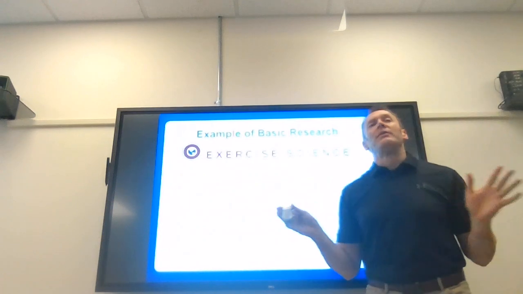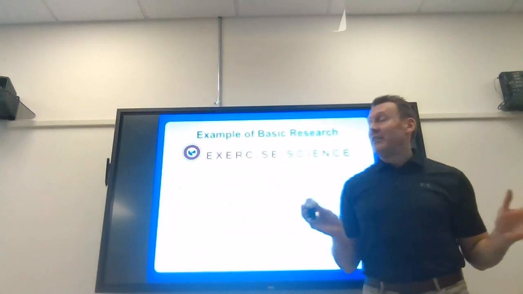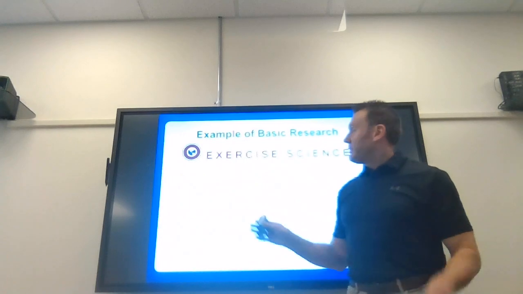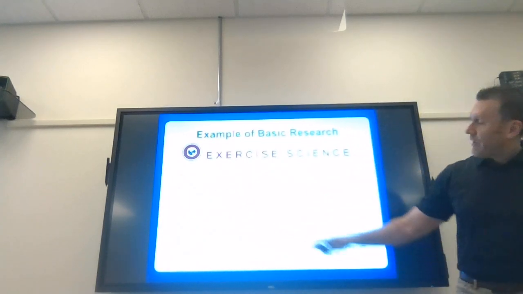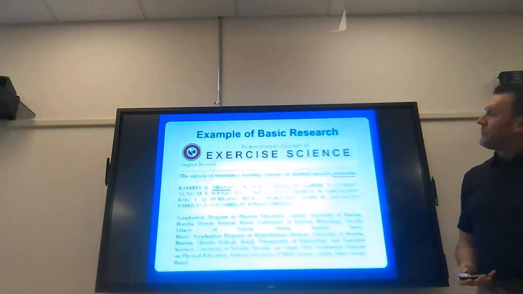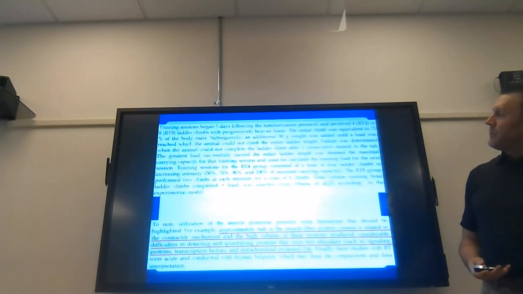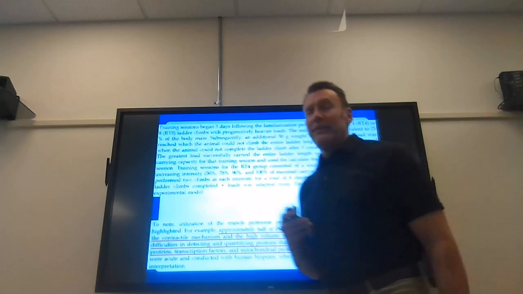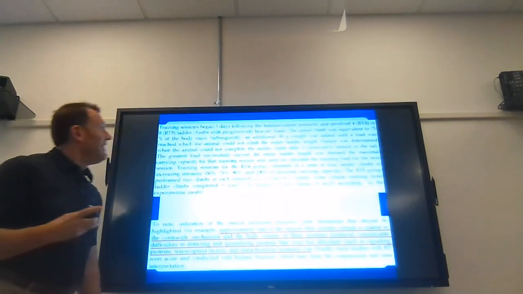Okay, so this study utilized rats. So basic study, it was conducted by a couple of my friends down in Brazil, Tabana and Prestus. So here's the procedures. Let's read through this together. So how do you make rats do resistance training?